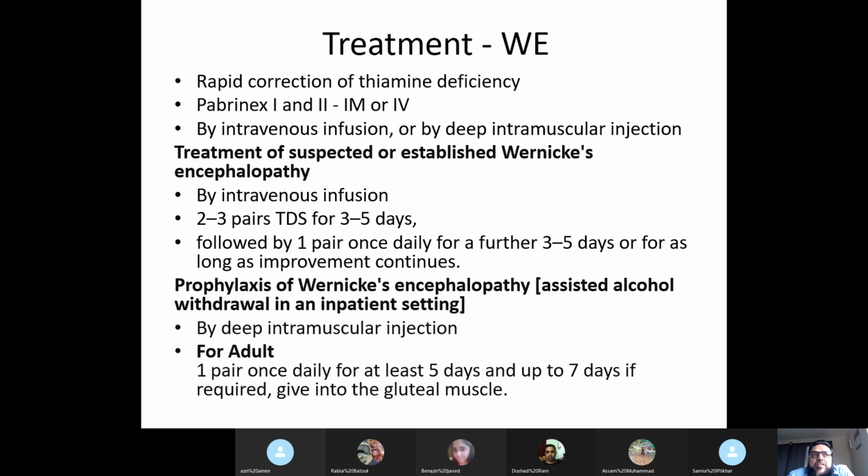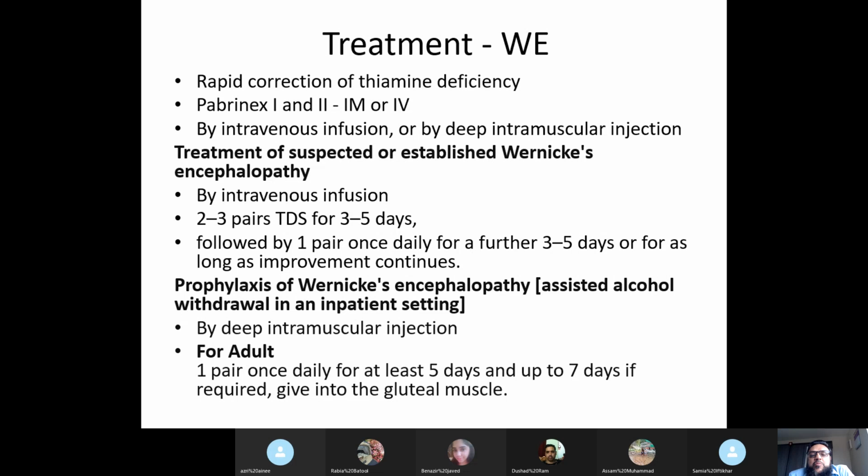So there are two vials. We'll come to the ingredients. Let's say one is thiamine plus something. The second is vitamin C plus something. So you give 2 injections in 2 different syringes. If you have an IV cannula, you can give multiple injections with one prick, one after another.